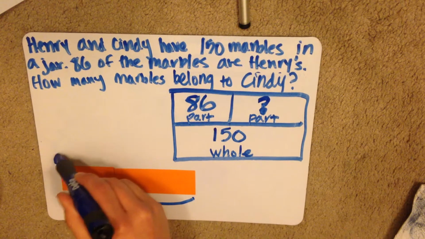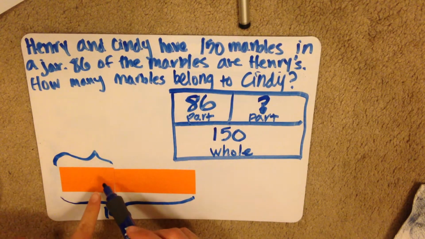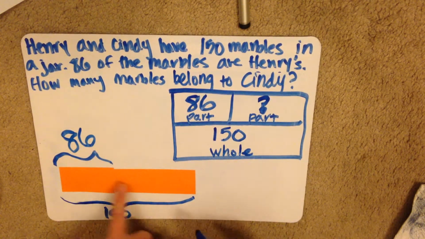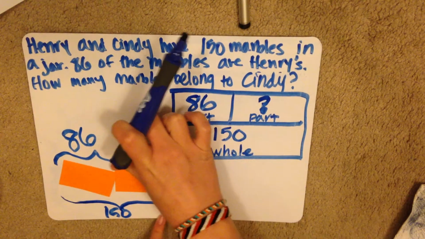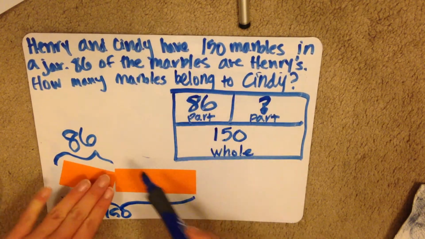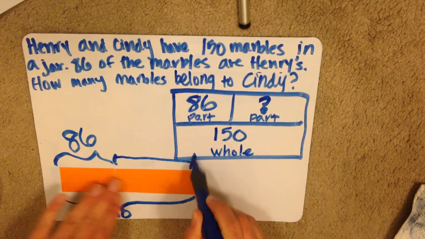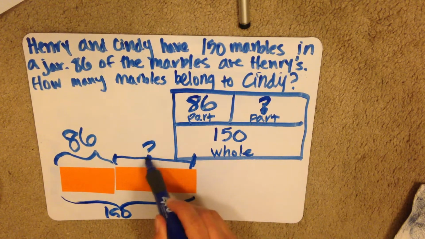And we know that this first part, or one of the parts, is Henry's. So I'm going to call this first part Henry's, and we have 86. And this part is what we don't know. So this is what we need to find. We need to figure out how many marbles of Cindy's make up this part.